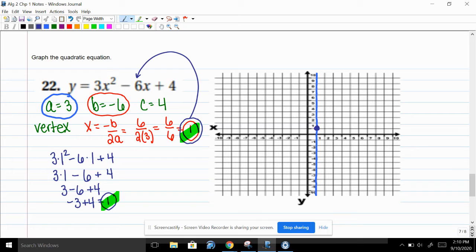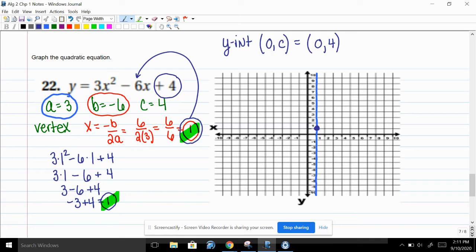The next step is to identify the y-intercept. The y-intercept of any parabola is (0, c), 0 and whatever the constant is. So in this case, it's going to be (0, 4), because my c value was 4. Your y-intercept, guys, is always going to be on the y-axis.